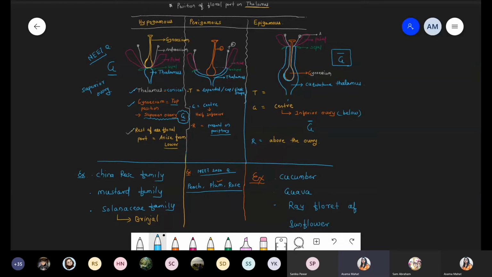Ultimately you will get the idea how to remember the points with name and with example. And the diagram is also important. So these are the positions of the floral parts depending upon the thalamus. We discussed three types: hypogynous, perigynous, epigynous. Here we discussed what a superior ovary is, what an inferior ovary is, and what the symbol is. Got this point? Is this point clear, everyone?